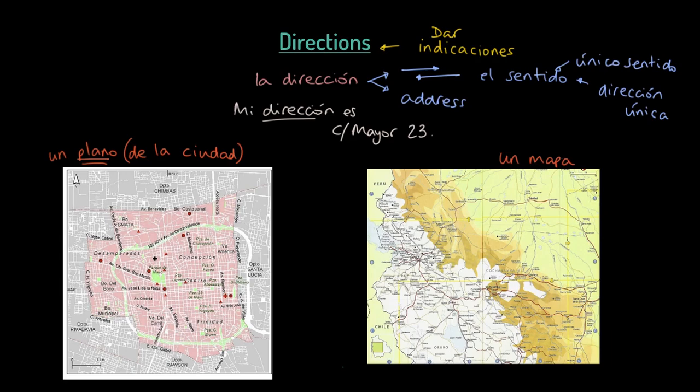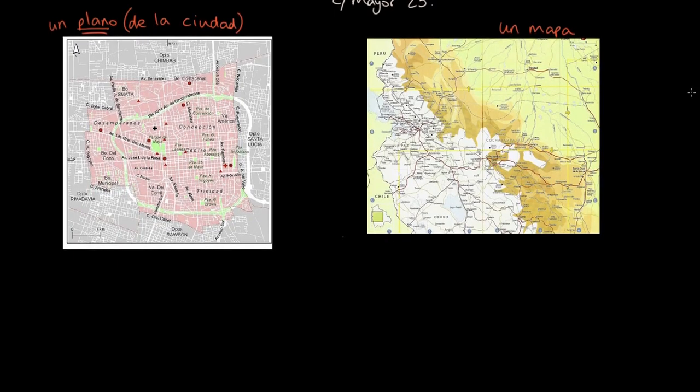So, un plano, un mapa. And what do I do when someone asks me, for example, para ir al ayuntamiento, por favor? Para ir al ayuntamiento, por favor, notice this expression, para ir, in order to go.